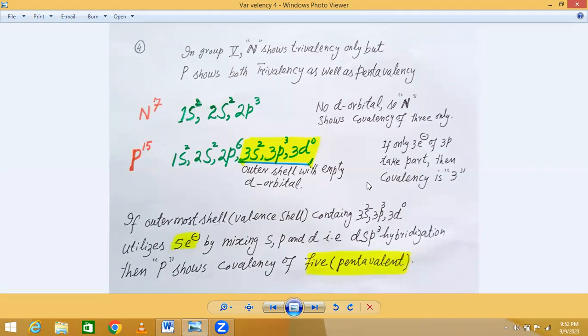That's all about variable valency for this lecture.